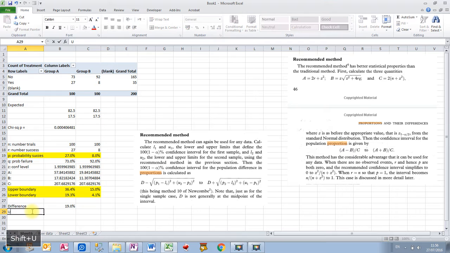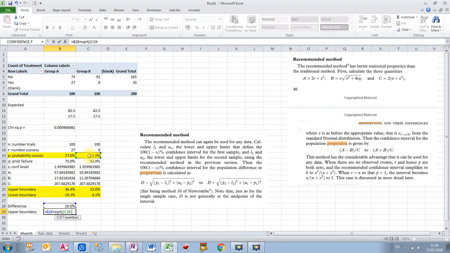Okay, so our upper boundary. The upper boundary is this one here, d plus square root of all this. So I'll put the formula in, equals d is just the difference, plus the square root. Okay, and we have open brackets again. So the formula is P2 minus L1. So P2 is this one, minus L1 is the lower boundary. Sorry, I said P2 minus L2.